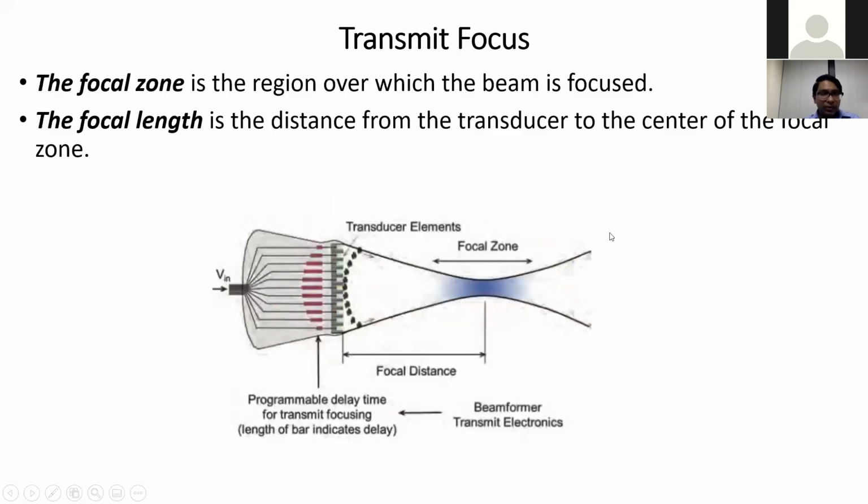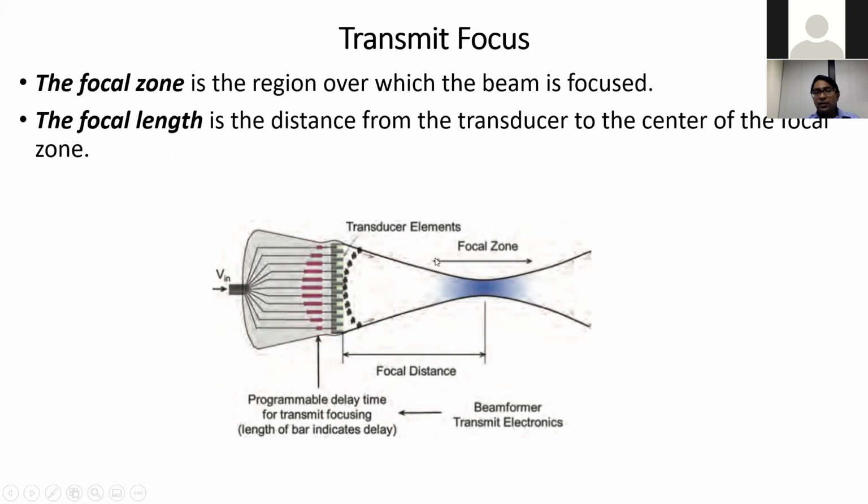The next concept that I want to introduce is transmit focus, and this is very similar to the near and the far field concept. What we typically do is that we focus these transducer elements at a point, and you can say that this is the region in which the beam has a converging profile, and this is the region in which the beam has a diverging profile, and this is the focal spot of that transducer.